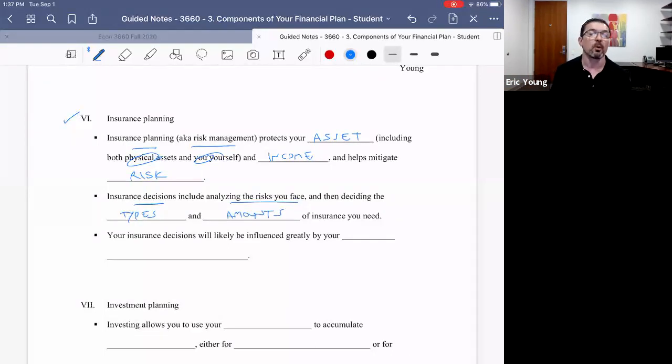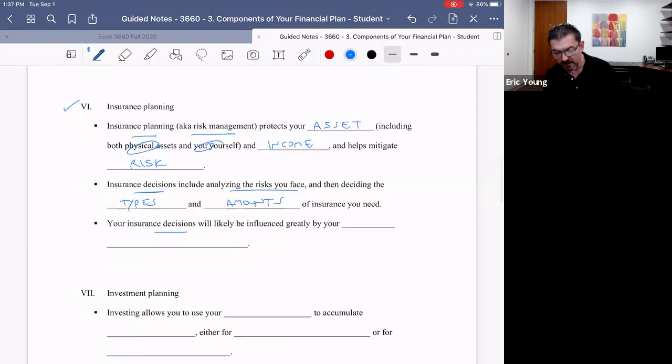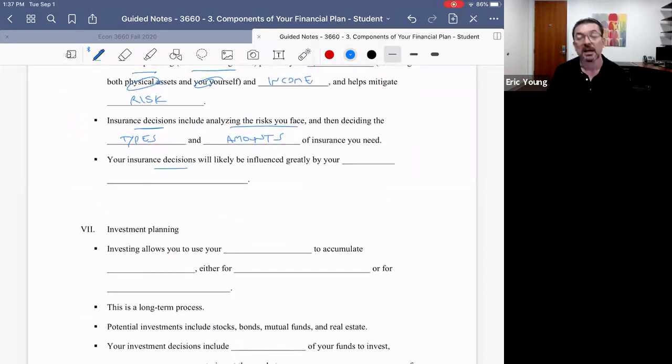You can pay more money annually for insurance to have better coverage, but that's going to reduce your cash available for other things. You can cut back on your insurance to have more free cash for other parts of your plan, but if a risk event occurs, how hurt are you going to be? Okay. Note also that your insurance decisions will be influenced greatly once again by your life cycle phase.